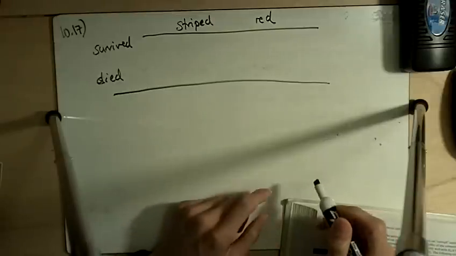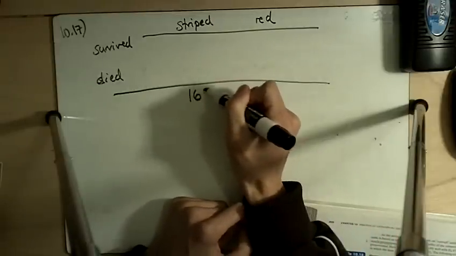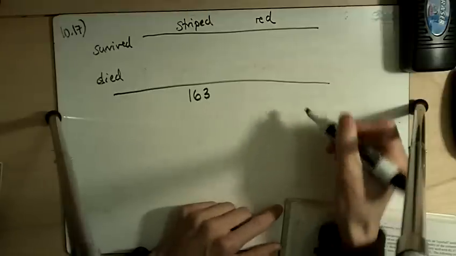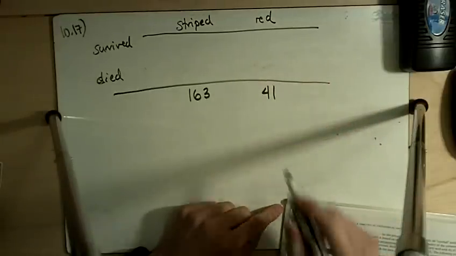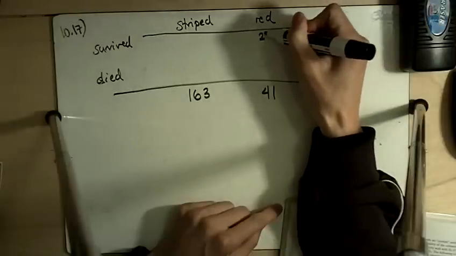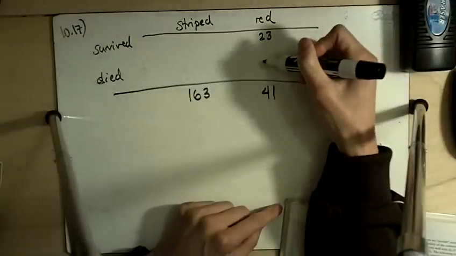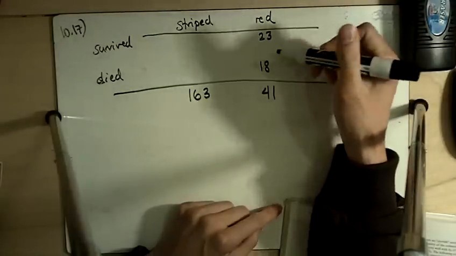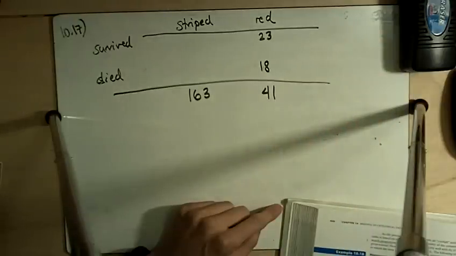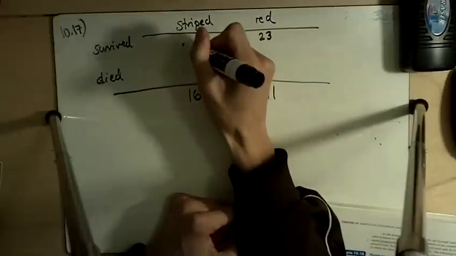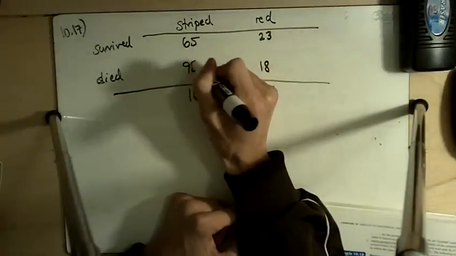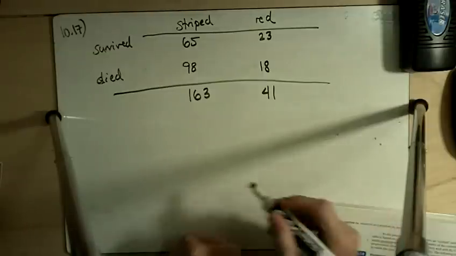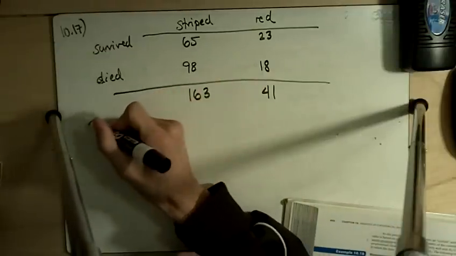A total of 163 striped salamanders were tested and 41 red. At the end of the trial, 23 survived, which means that 18 of the red salamanders died, and of the striped ones, 65 survived, which means 98 died. So these are the observed values.